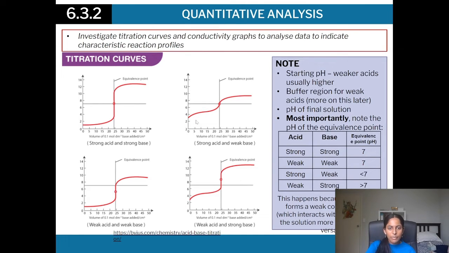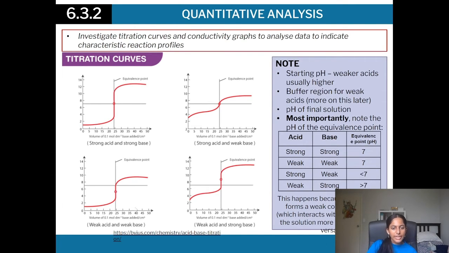So you can see here that when you have a strong acid and a weak base being added, what's actually happening in this region over here, where you don't have an increase in pH, is that you have buffer regions occurring. However, that buffer eventually gets broken and you have a slight increase over here, and then eventually it increases in pH. But it's not as high as it would be for a strong base, because remember, weak bases will have a lower pH than strong bases.